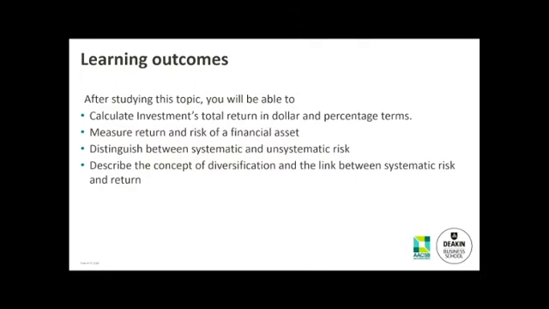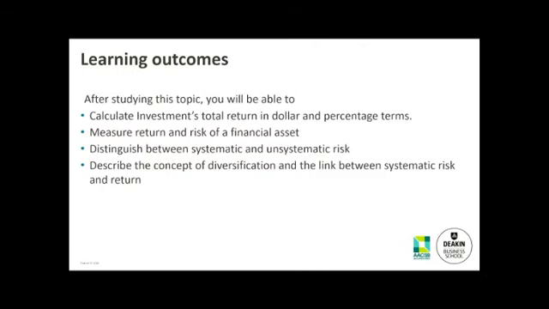Second, you will be able to measure return and risk of a financial asset. I will give you a quick example about how to do it. Third, you will be able to distinguish between systematic and unsystematic risk. What is systematic risk? What is unsystematic risk?